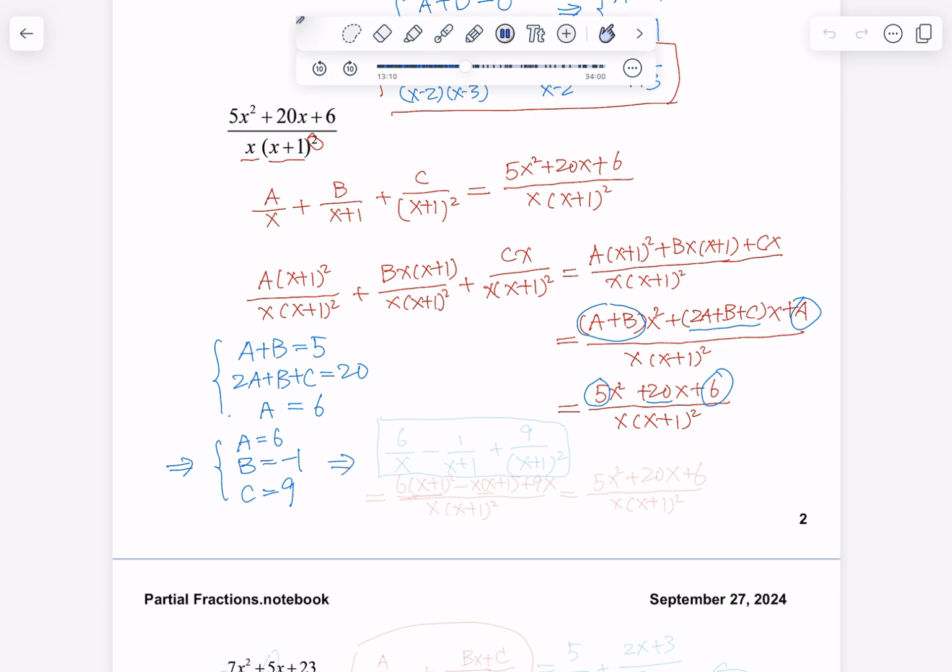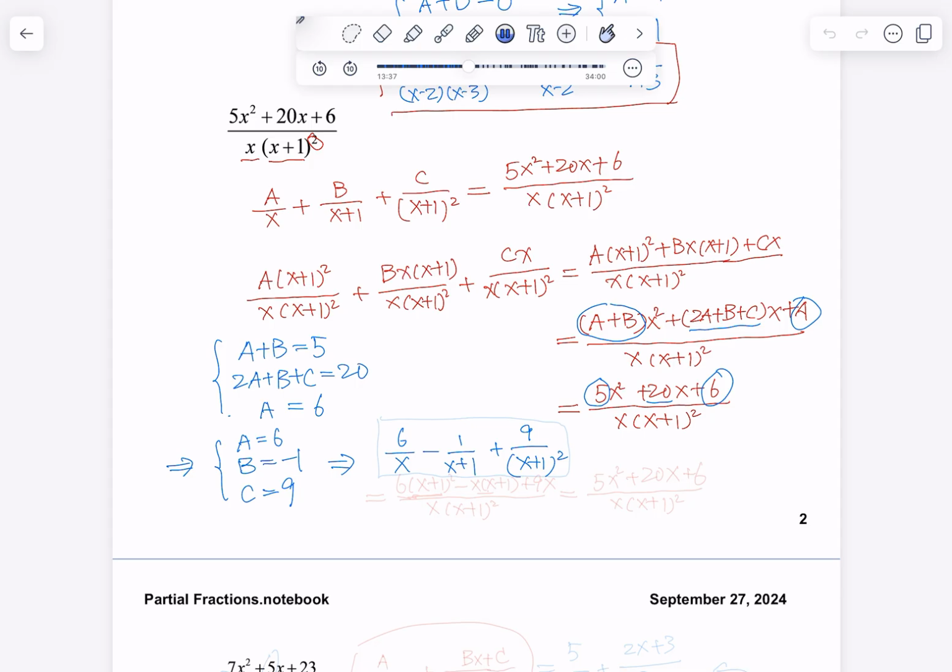You conclude that the decomposition will be written as 6 over x minus 1 over x plus 1 plus 9 over x plus 1 squared.